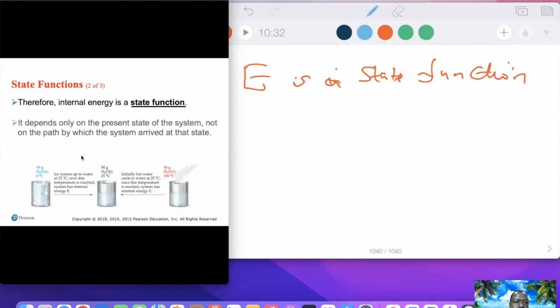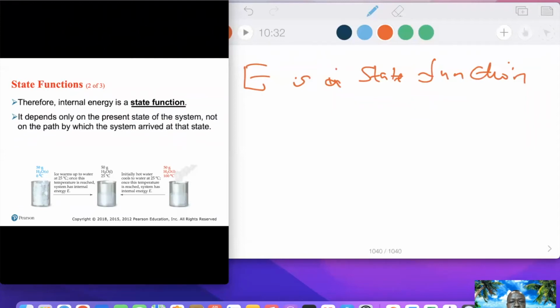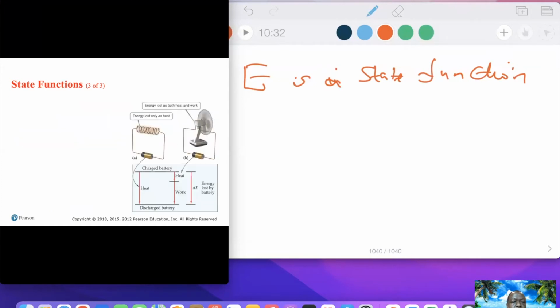Going to see that down the line. But remember, internal energy of the system is a state function. It only depends on the present state of the system, not the path by which it arrived there. Read more. There are so many examples in the text on how to illustrate the state function.